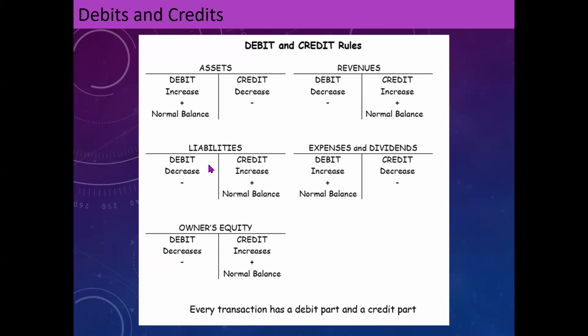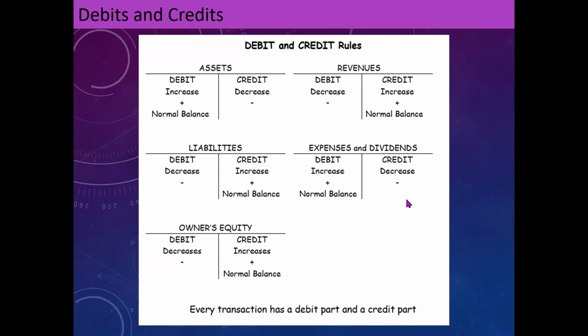But liabilities and equity accounts are the opposite. They're increased with a credit and decreased with a debit. You can see owner's equity is the same way, increases with a credit, decreases with a debit. Then we'll also see that revenues increase with a credit and decrease with a debit. And expenses and dividends are the opposite, right? They increase with a debit and decrease with a credit.